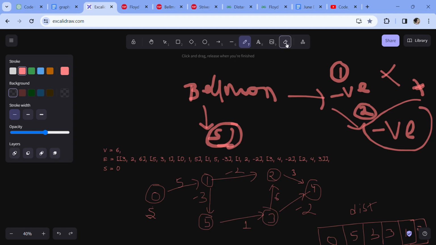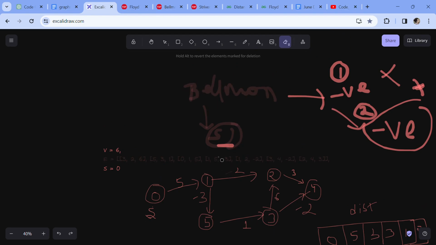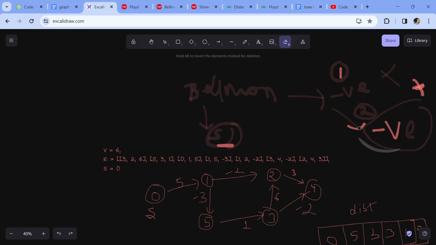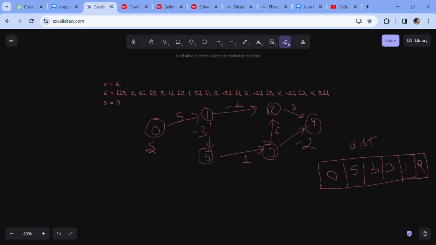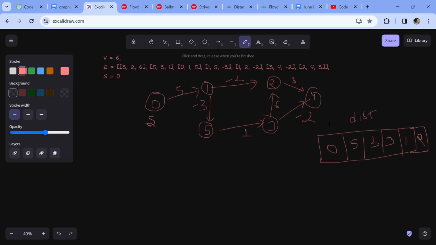So we will go with the shortest path, the above option, so we write 3. Next, node 3 also has weight 3, node 4 has weight 1, and node 5 has weight 3.